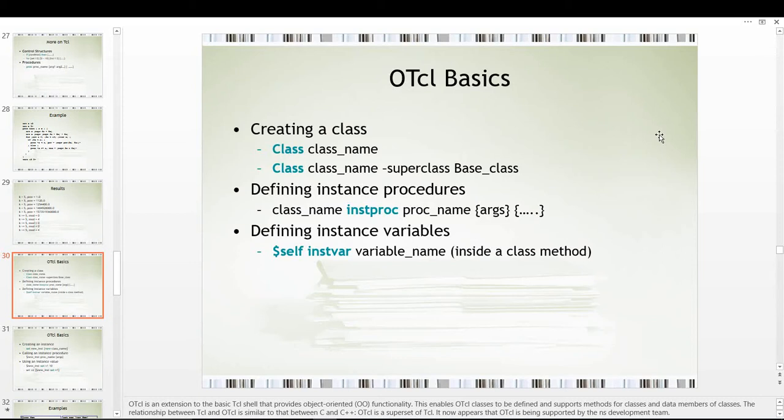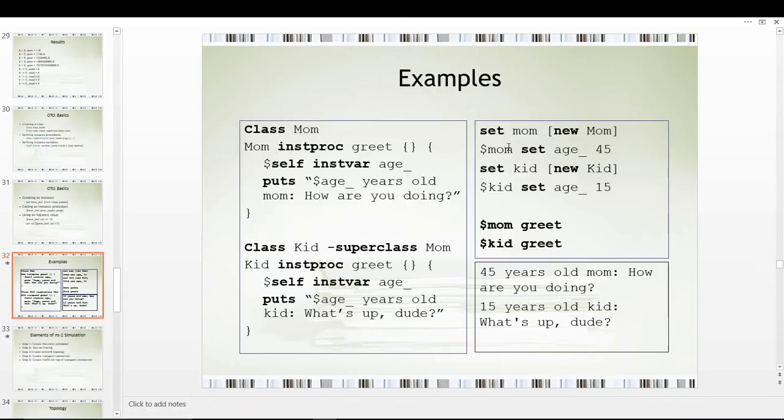Yes, this is the OTCL code. Afterwards, you will set the instance. You give the adequate value of the variable for both of the procedures, for both of the classes, and you call them. After you call them, they will execute, and this is the result that you will obtain.